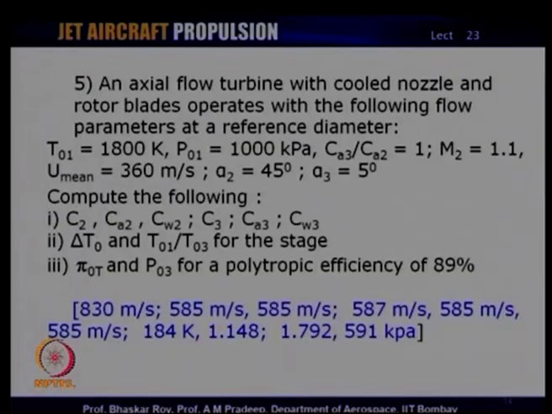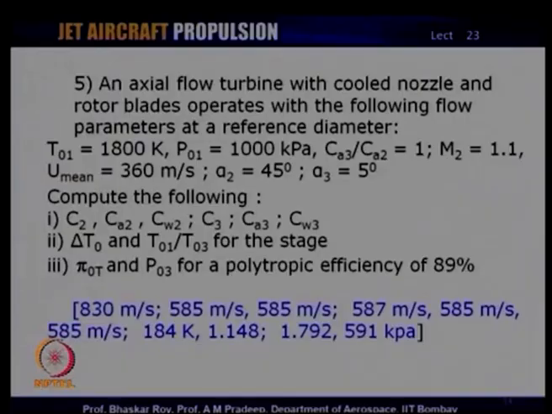You get a temperature drop of the order of 184 K, corresponding temperature ratio is 1.148, and the corresponding pressure ratio or pressure drop across the turbine is 1.792, which gives you exit pressure of 591 kilopascals. So, those are the answers you are likely to get if you adopt the prescriptions that are given in this problem.